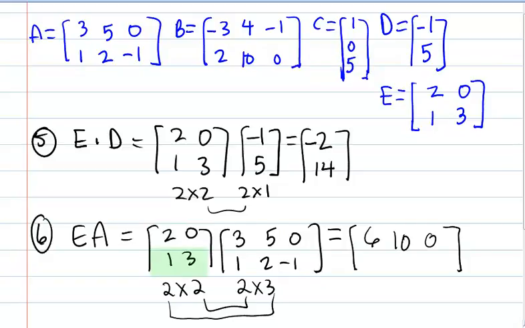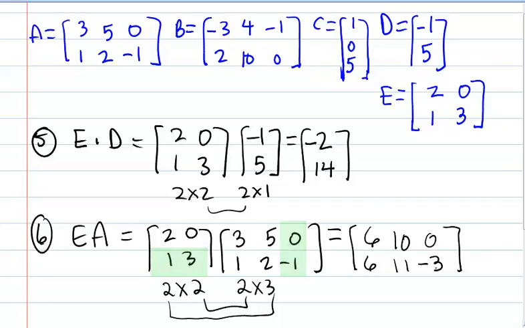Now using the second row, I'm going to fill in the second row of my product. And using the first column, I have 1 times 3 plus 3 times 1, that's 6. I have 1 times 5 plus 3 times 2, that's 5 and 6, which is 11. 1 times 0 plus 3 times -1 gives me a -3.